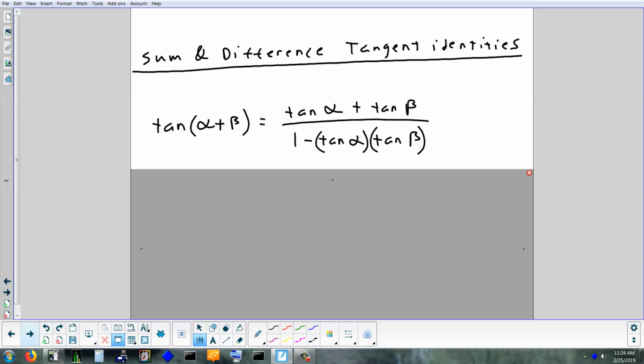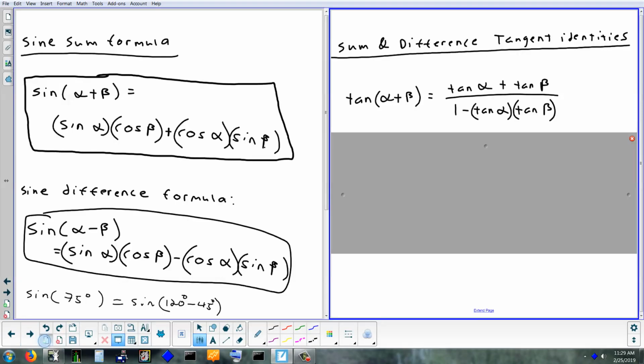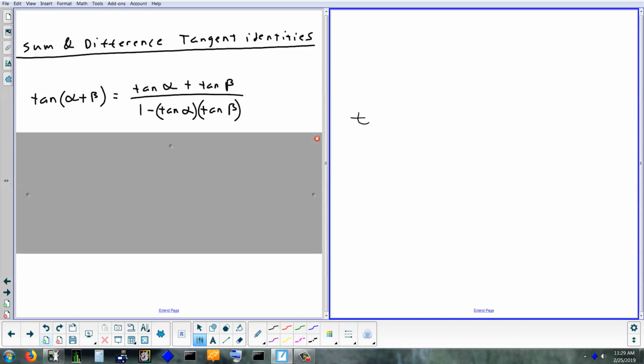From last week, does anybody remember what tangent is the same as? It's just sine over cosine. So if you wanted me to find the tangent of 15, you can write it as 45 minus 30, but I don't know what the tangent difference formula is.